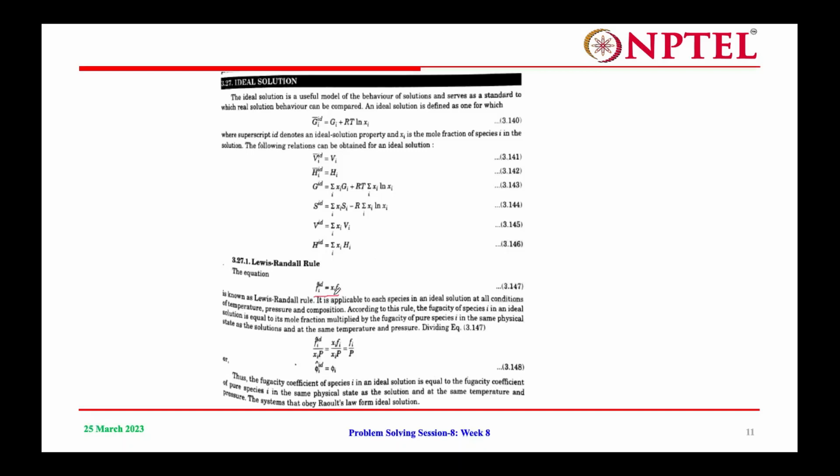This is the Lewis-Randall rule. It is applicable to each species in an ideal solution at all conditions of temperature, pressure, and composition.